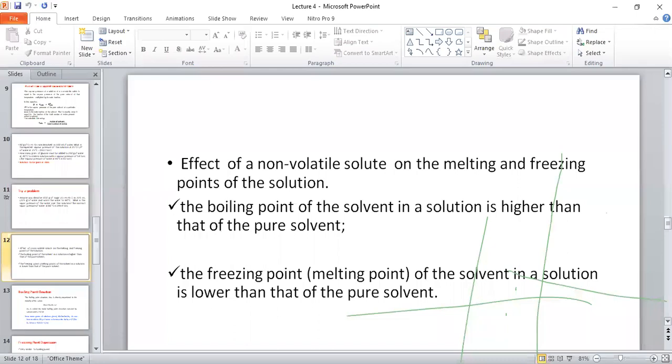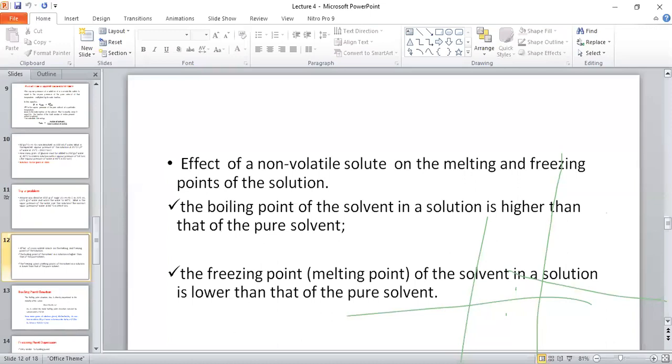What that means is that if you just have water as solvent, the boiling point of pure water, you know what it is, 100 degrees centigrade. When you add solute to water, the boiling point will be higher than what you have for pure water. And the freezing point becomes lower than that of the pure solvent.